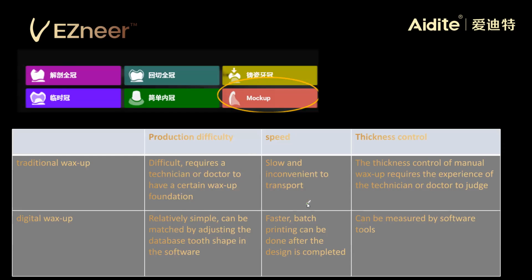And I believe that many of my friends, my customers, have already understood the digital workshops. So, what is the difference between the digital workshops and the traditional workshops? First, if we want to make the digital workshops, we can use the EZOCAD, which has a function to make the mockup.